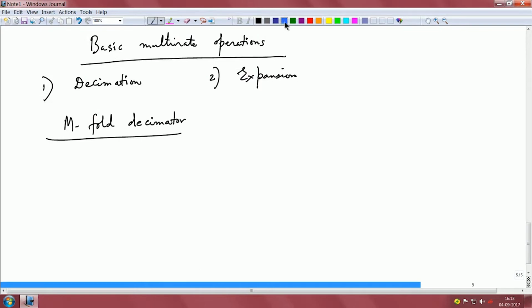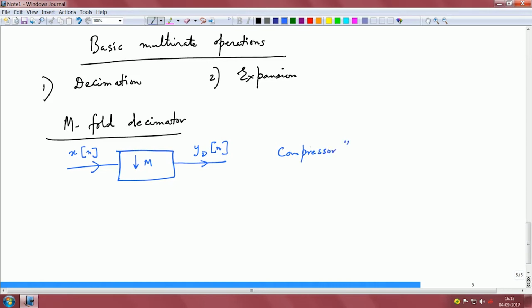So, an M-fold decimator takes x of n, which is my discrete set of samples as its input, downsamples by a rate M, and I get my decimated output, which is yd of n, and this is also called a compressor. yd of n is basically x of M times n.